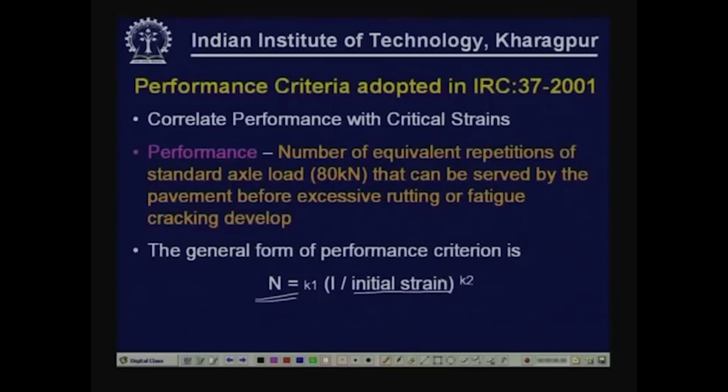This may be initial tensile strain in the bituminous bound layer or initial vertical strain on top of subgrade. So, this is inversely related as per this general relationship. So, what we need to have is the correlation coefficient constants K1 and K2.